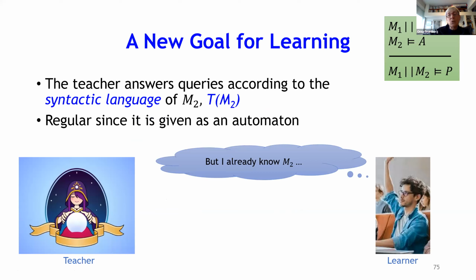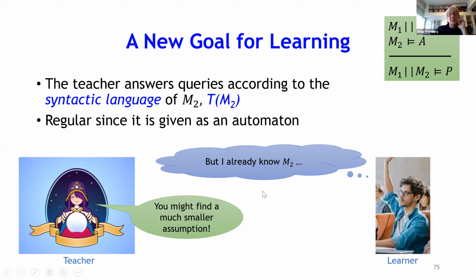So now the question is, why should we learn M2? Actually, we know it, and therefore there is no reason for learning M2. But the answer is that while working on the assume guarantee rule, the assumption we find may be much smaller than the target.